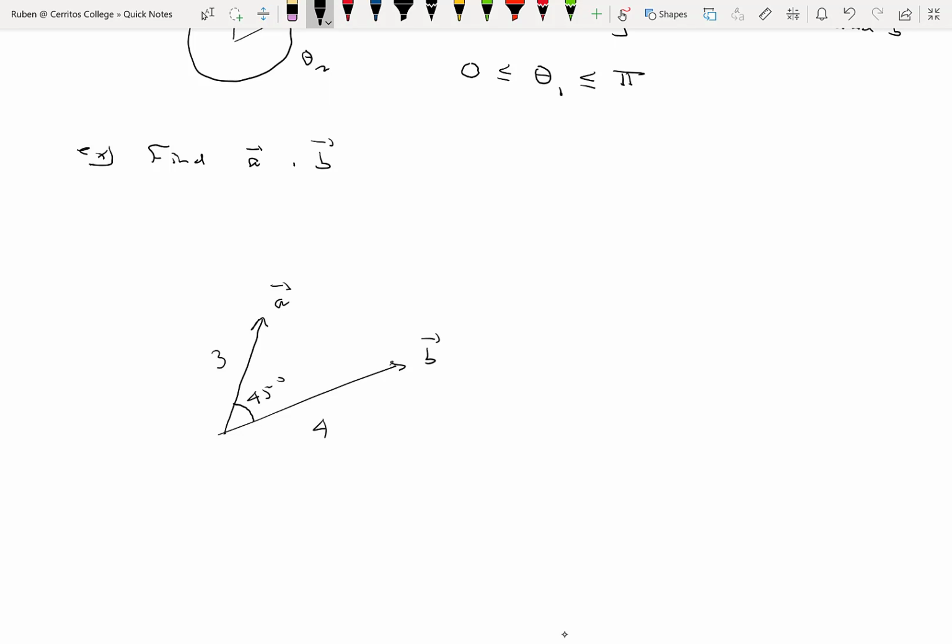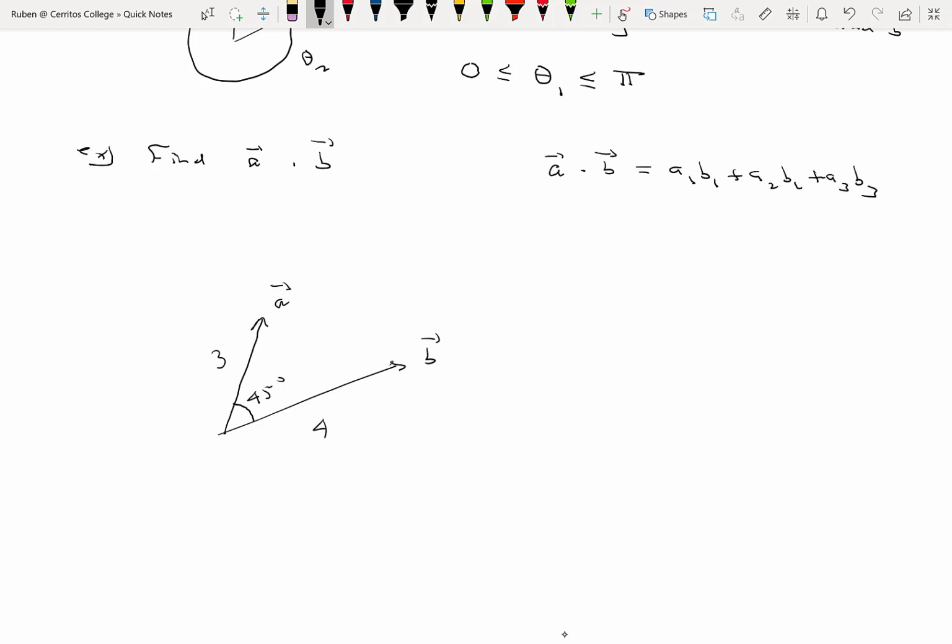How in the world am I going to use the formula A dot B equals A1 B1 plus A2 B2 plus A3 B3? I can do it.